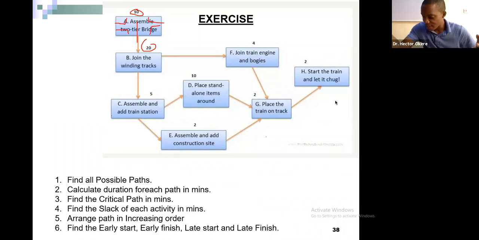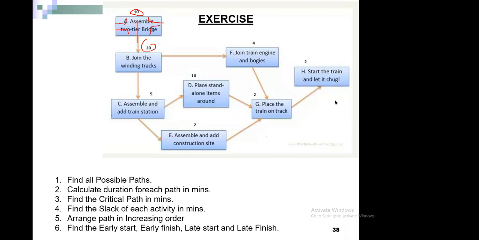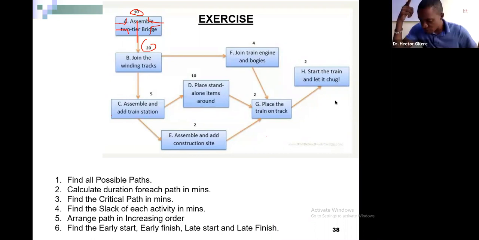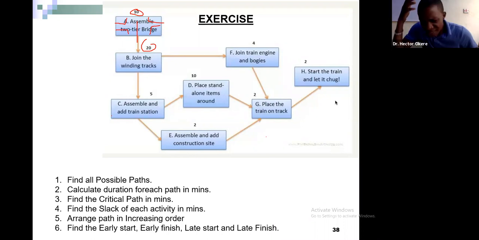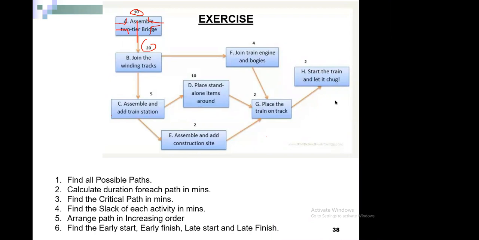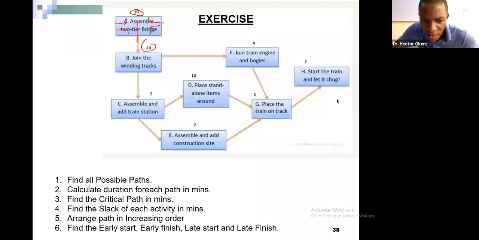Just give me the answer. Yes, 38. 38, very good. And path number 2 is 49. And 49. Path number 3 is 41. 41, very good. So which is the critical path?